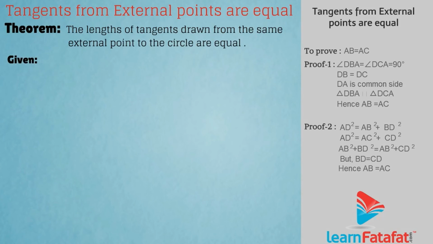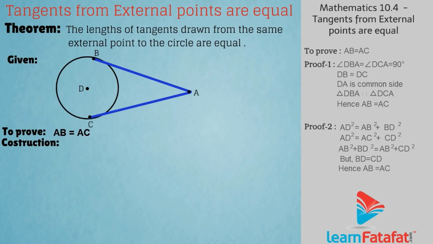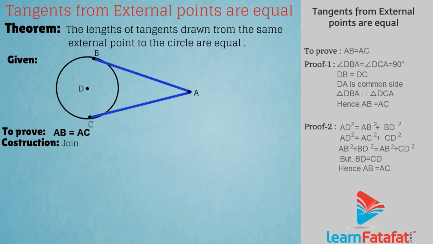Given. Consider a circle with center D and tangents AB and AC at point B and C respectively. To prove, AB is equal to AC. Construction. Join DC, DB and DA.